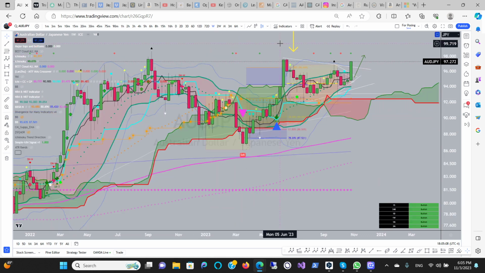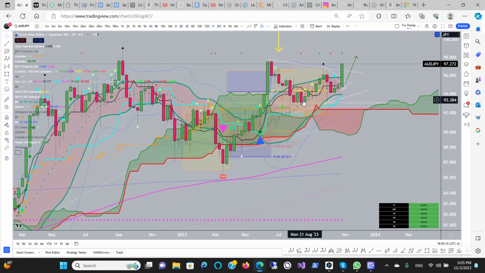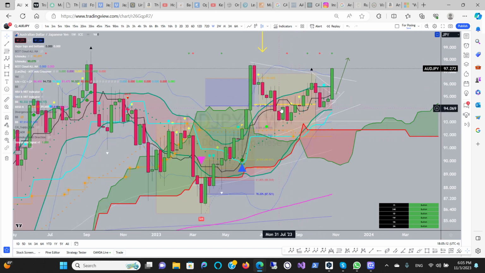And then we had a pullback on the weekly chart, right to the cloud, from the March 2003 low to the June 2003 high. We had a retracement of about 38%.